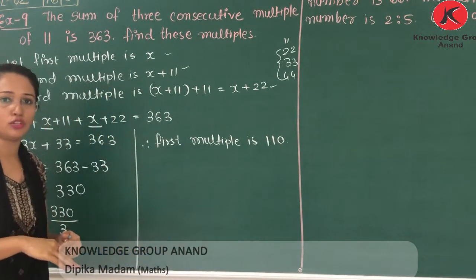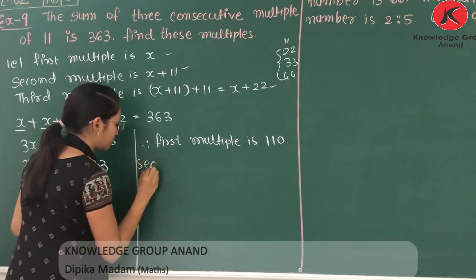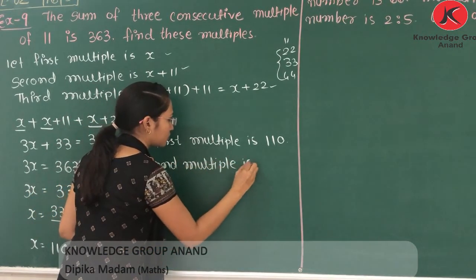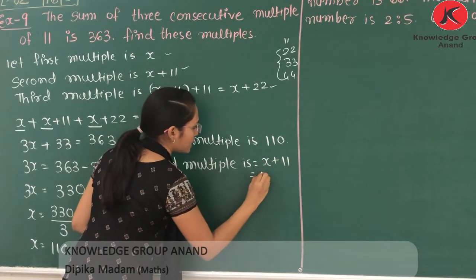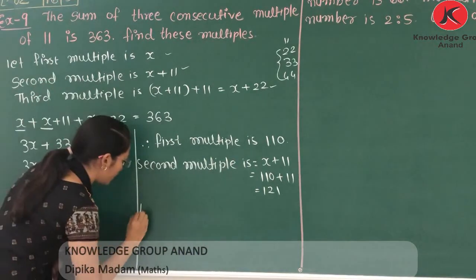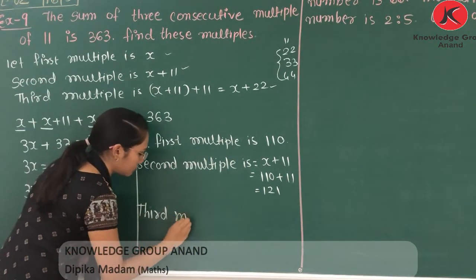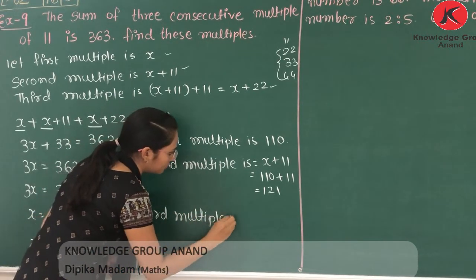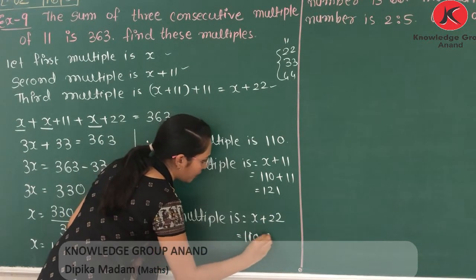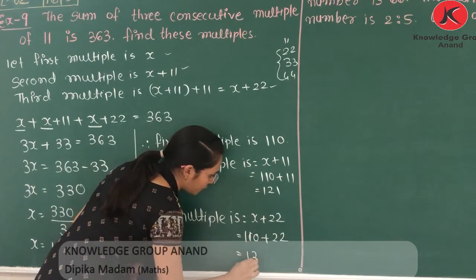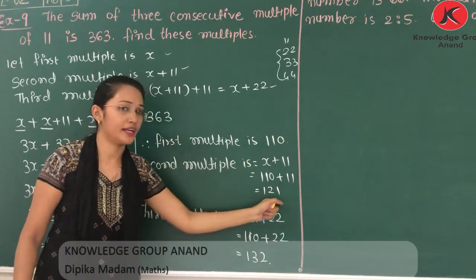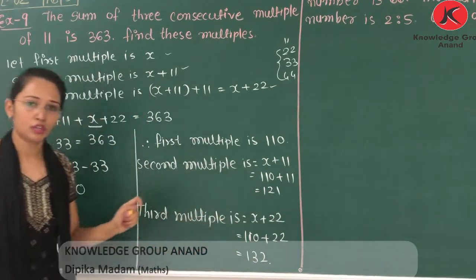To get the next multiple, you need to add 11. x plus 11, that is 110 plus 11, 121. Third multiple, x plus 22. Our x is 110 plus 22. You will get 132. So our three multiples are 110, 121 and 132.